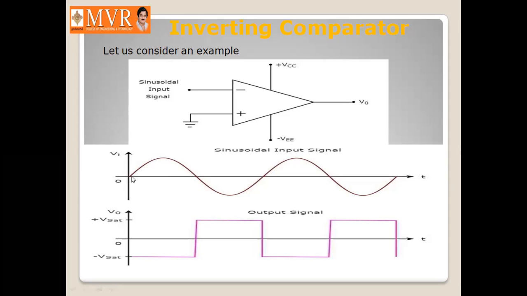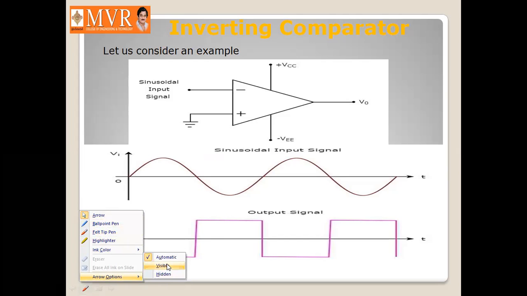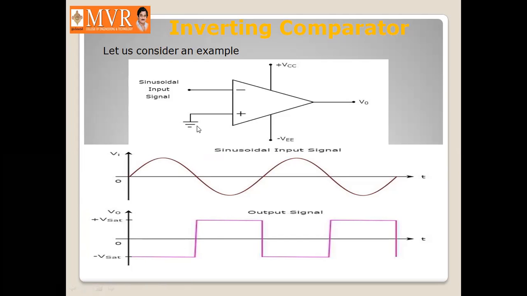When this sinusoidal signal voltage is greater than the voltage at the non-inverting terminal, which is nothing but 0 volts, that is ground potential, then when the sinusoidal wave crosses 0, the output is going to change its state. Initially, as it is an inverting comparator, the output is going to stay at minus Vsat.